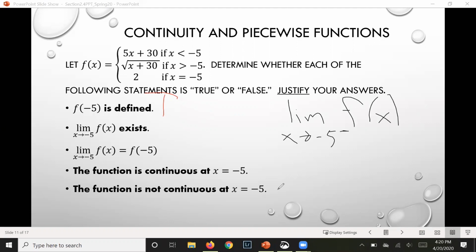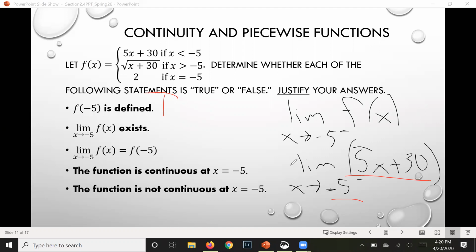Well, coming from the left-hand side, the function we use is 5x plus 30. And notice negative 5 is in the domain of that function, so we can just plug it in to find the limit. So we do 5 times negative 5 plus 30. 5 times negative 5 is negative 25 plus 30 gives us 5. So it looks like the limit exists from that side.